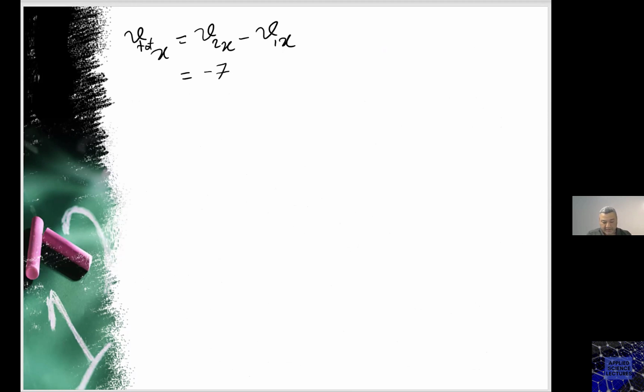Minus 7.88 minus, what is V1x? 14.4. Am I right? Yeah. Okay. And the answer is negative 22.28.